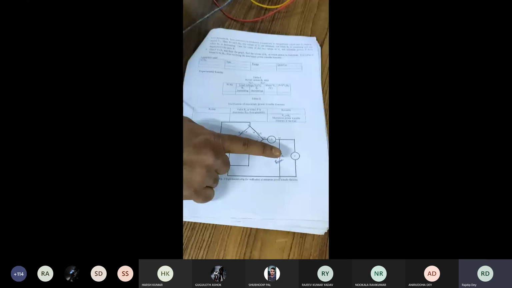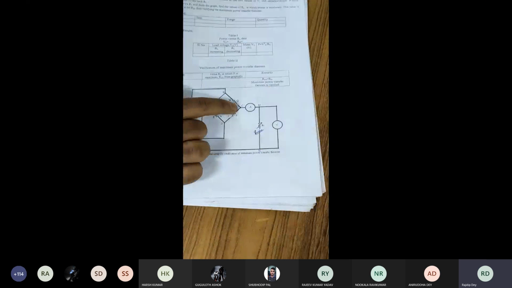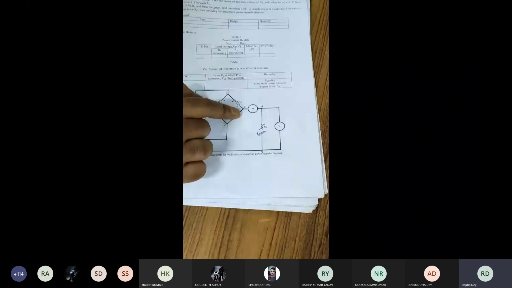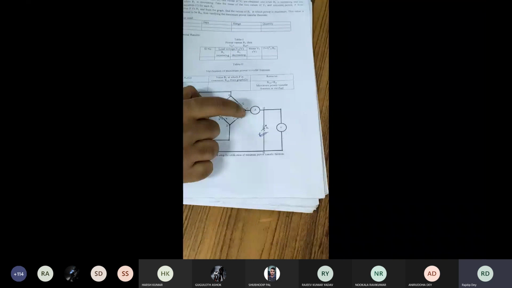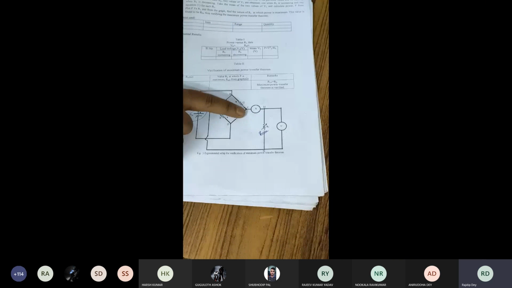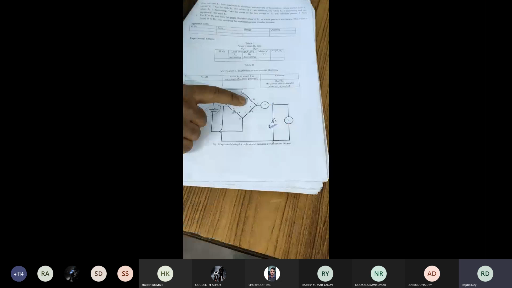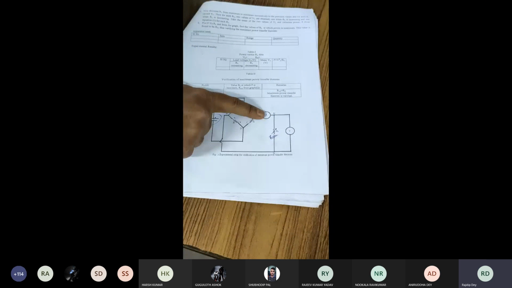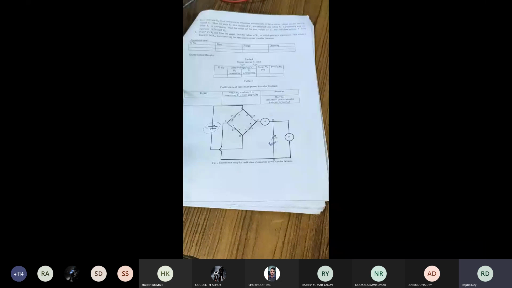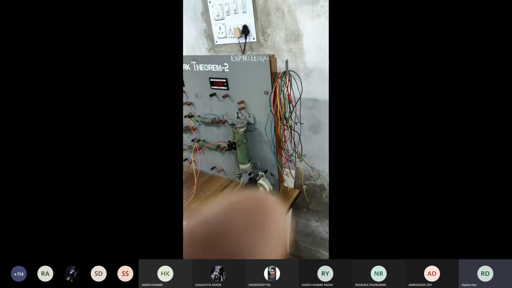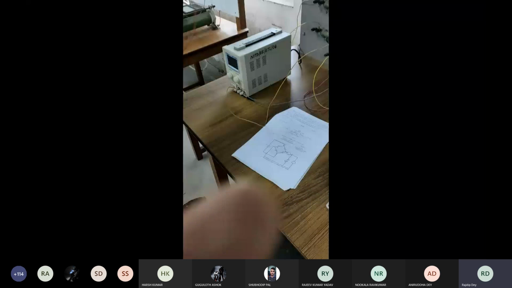Now we have to connect the load, but the load is connected through an ammeter. You can see, and the ammeter is connected to the C point, but the C point is either Q negative or S positive. So this C point will go to the ammeter. So we'll take some other wire, where this C point, that means Q negative. So this is Q negative.